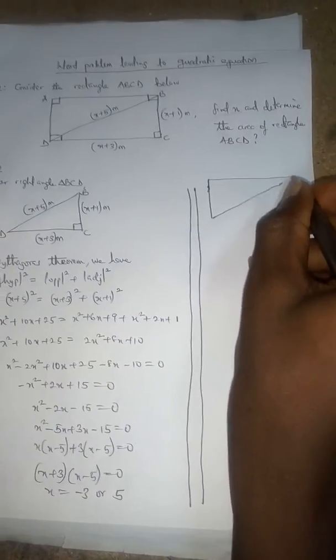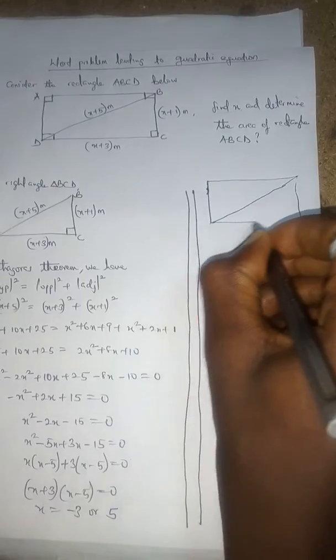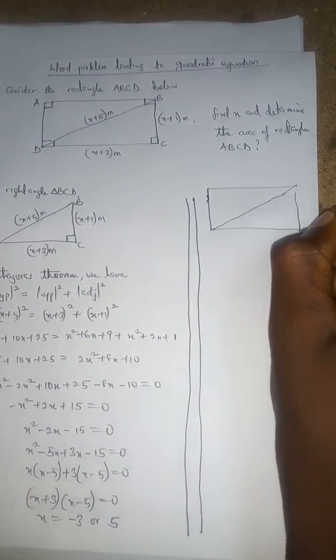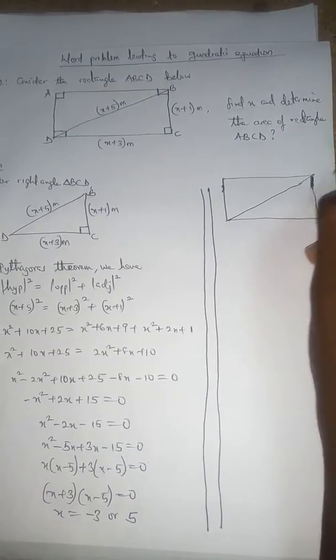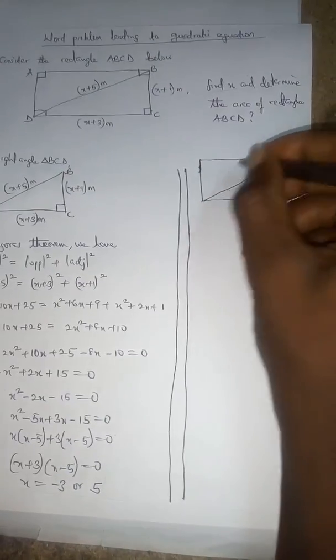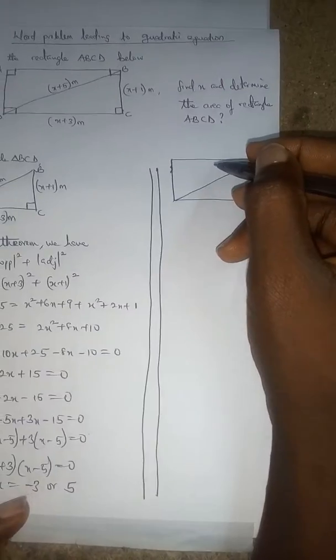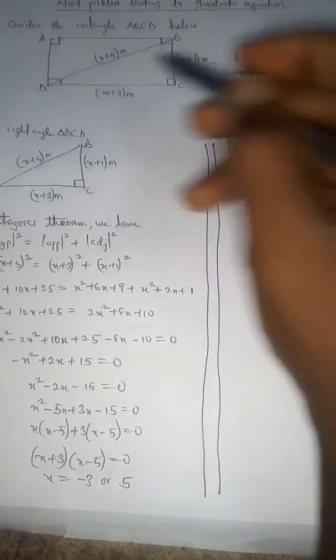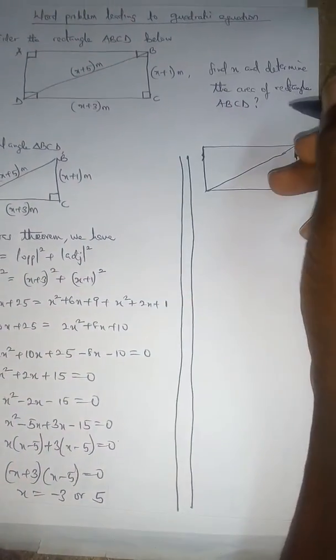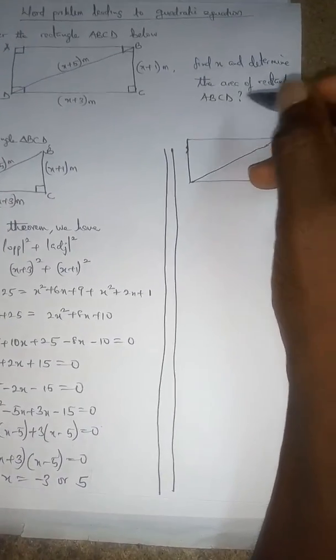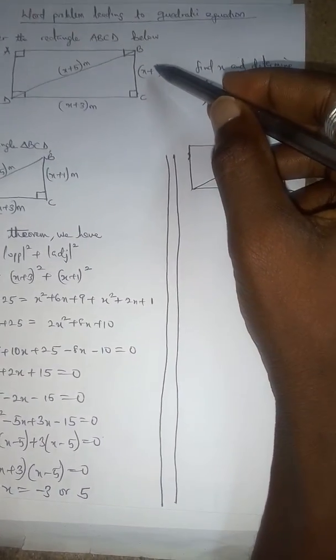Substituting the value of x, when x is minus 3, minus 3 plus 2 will give us a negative sign. Minus 3 plus 1 will give us 2.